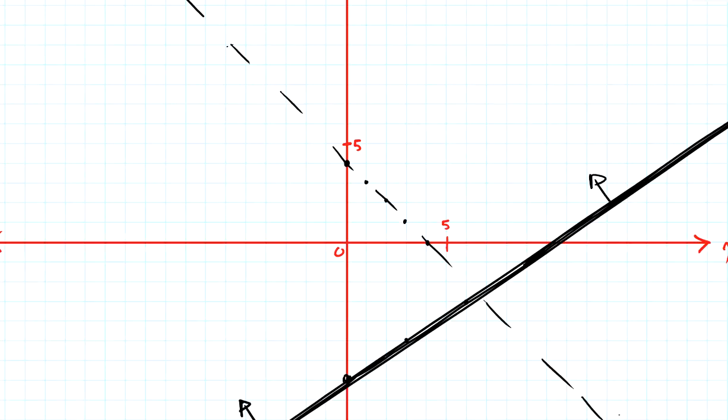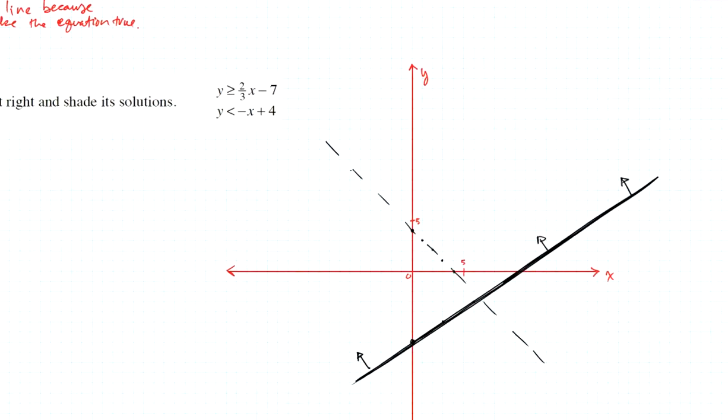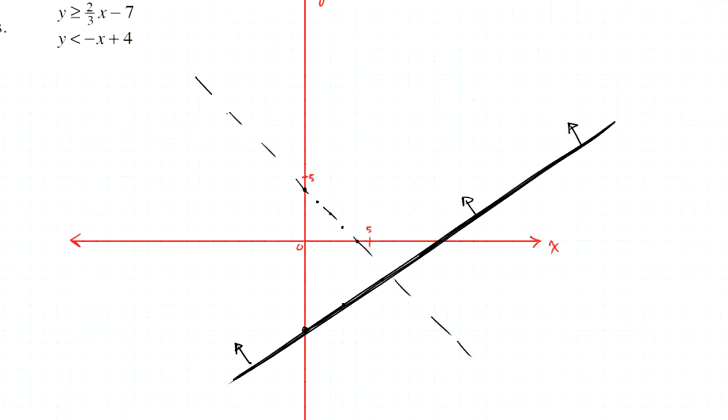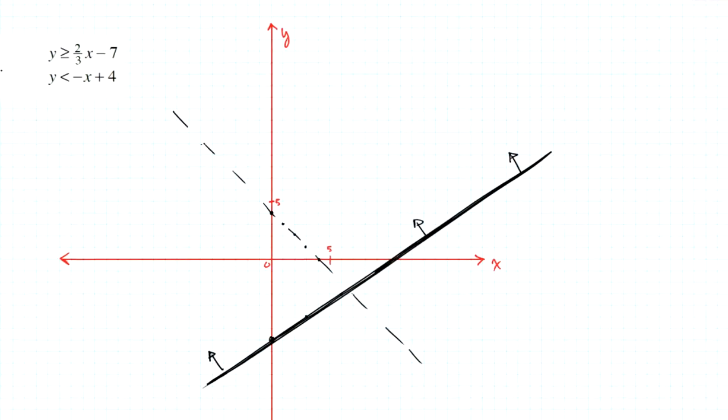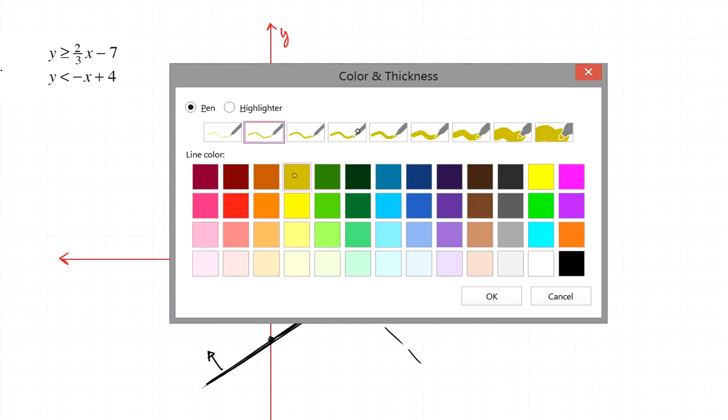All right, and I think I'm supposed to shade the solution region, right? Yeah, shade its solution. So in order to do that, let me grab a highlighter, and I'll get a beautiful yellow highlighter. That's an ugly yellow highlighter. Let me get a purple highlighter. That's nice.